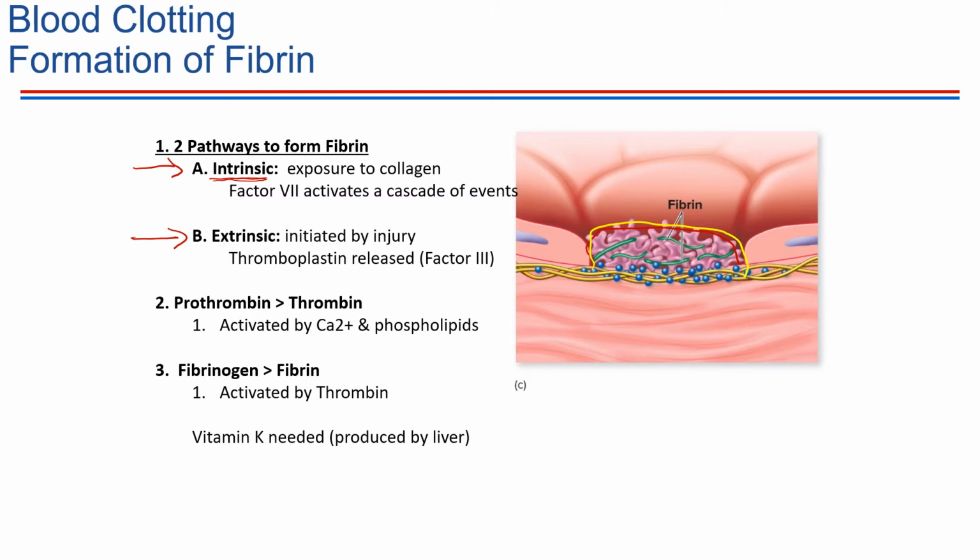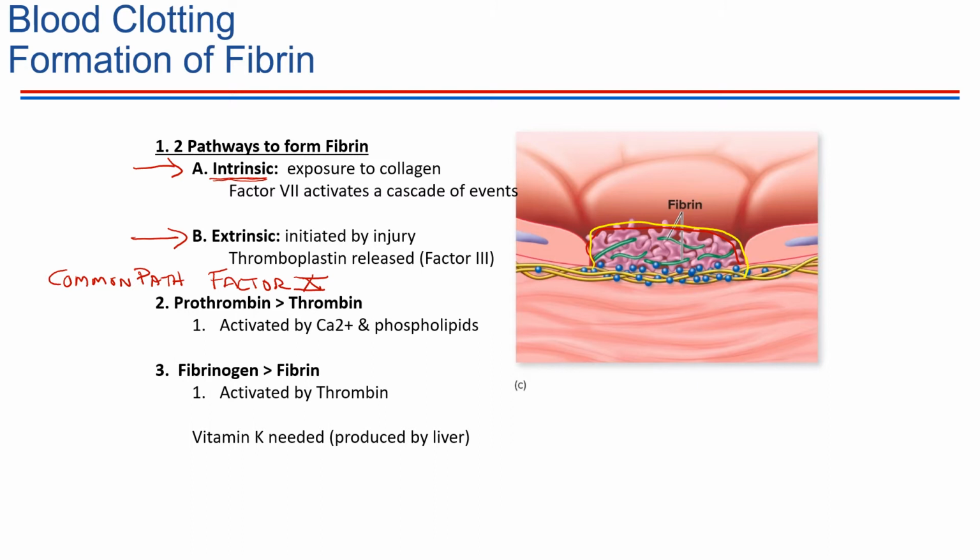Basically, what's going to happen is whether you go the intrinsic or extrinsic pathway, you're going to end up making something called factor 10. And factor 10 is the start of this common pathway. And in that common pathway, what's going to happen is you're going to activate prothrombin, which is a proenzyme, so it means it needs to get activated.